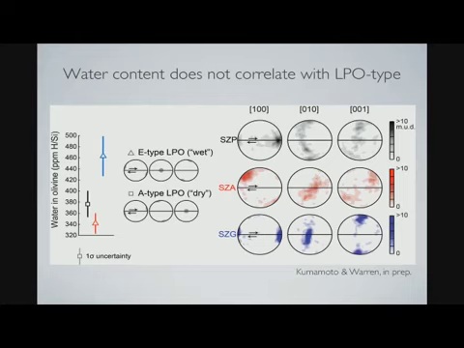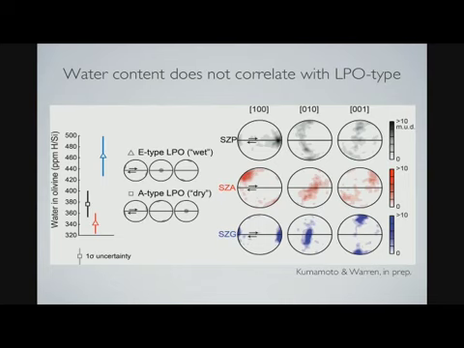Many times, a lot of the studies that assign water contents base it on the LPO. So there've been a lot of measurements of LPO and then an assumption of what the water type is based on the fabric diagram. The point of this slide is just to say, these are the water contents, and this fabric type is this wet E-type fabric, but it has low water. And so we do not find a correlation between the water content and the LPO.